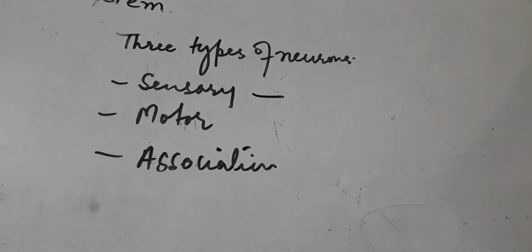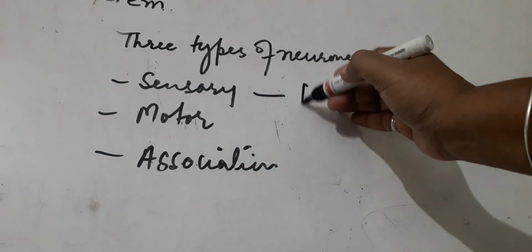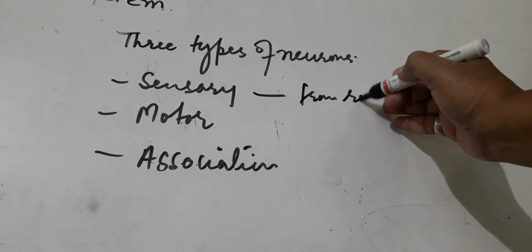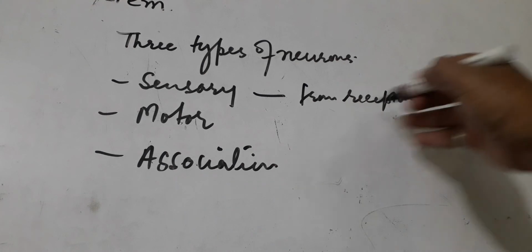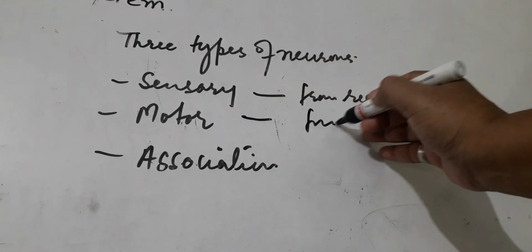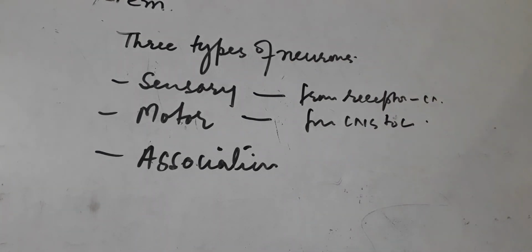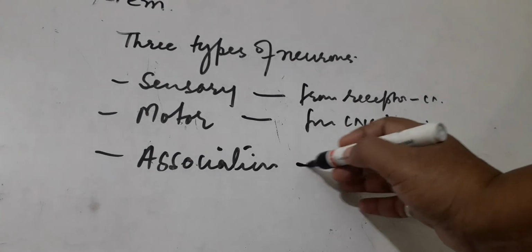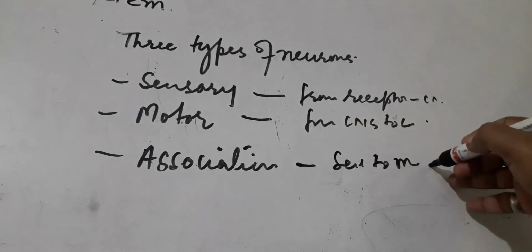Sensory neurons carry impulses from the receptor to the central nervous system. Motor neurons carry from the central nervous system to the effector. And association neurons join sensory to motor.